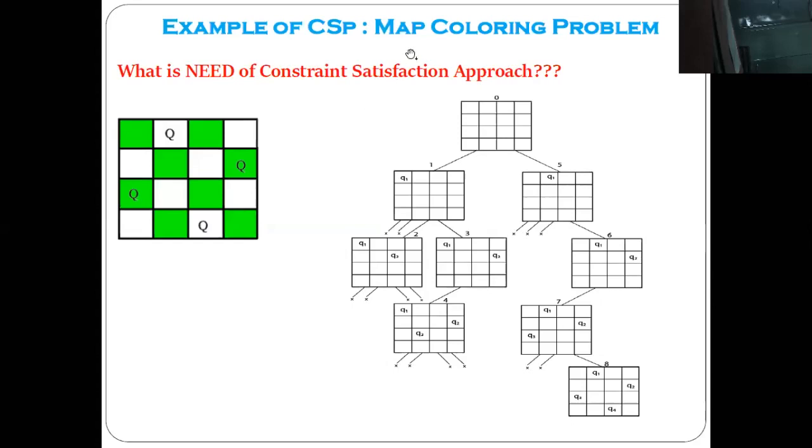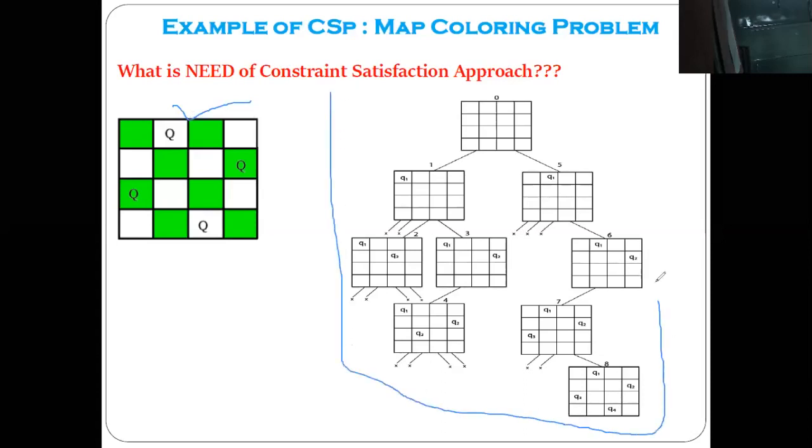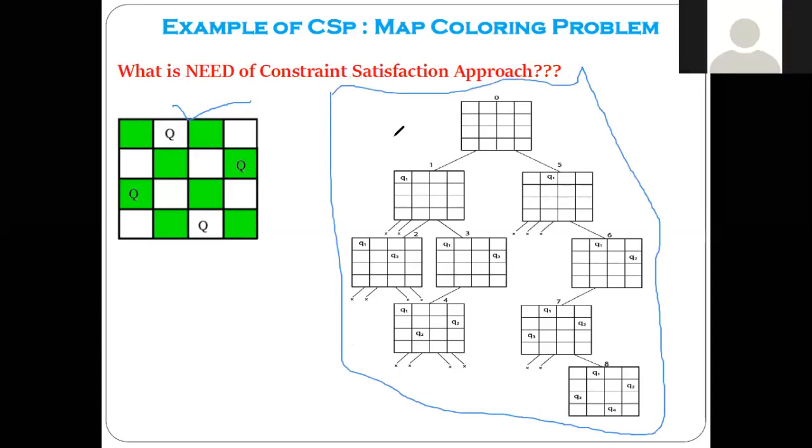Now here I have drawn the problem that we solved last time, and related to that problem I have drawn a tree. All of you can observe. What I want to ask you is, if you don't use the constraint satisfaction approach, then how will you solve the n queens problem, or the 4 queens problem?